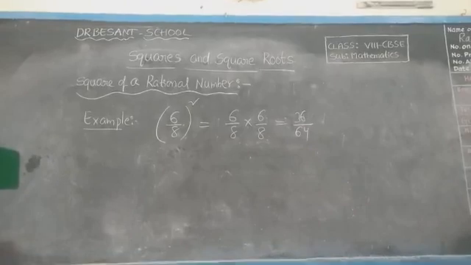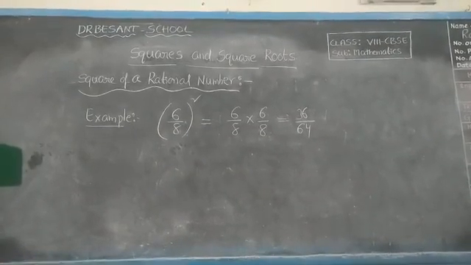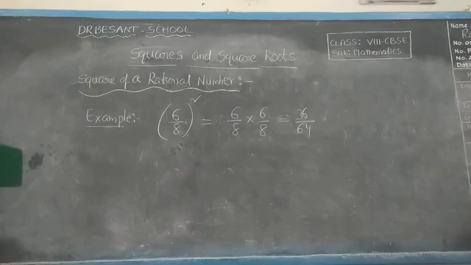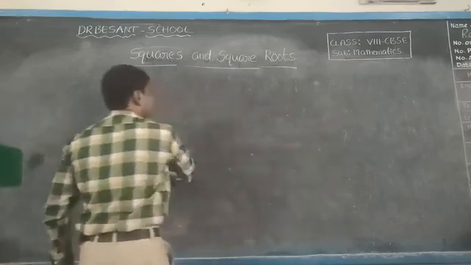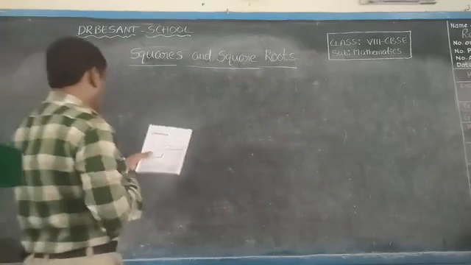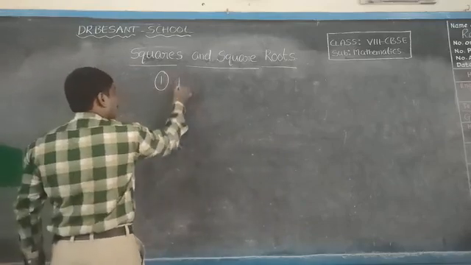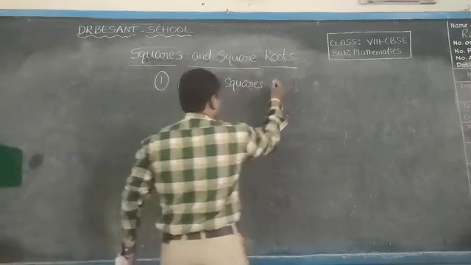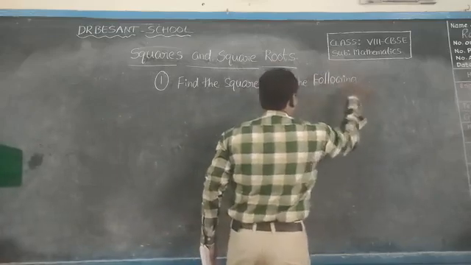Exercise 3.1. Read the first question. Find the squares of the following.